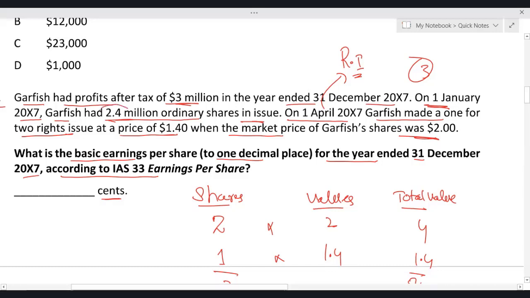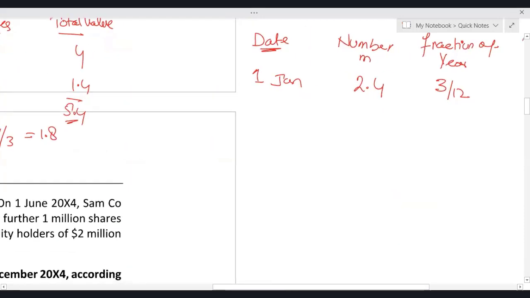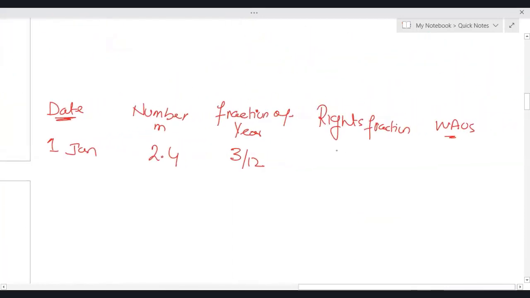These 2.4 million shares are before the right issue, so we will multiply 2.4 million with the bonus fraction, which is 2 upon 1.8. The bonus fraction is only applicable on 2.4 million shares because these are the shares which are before the right issue.